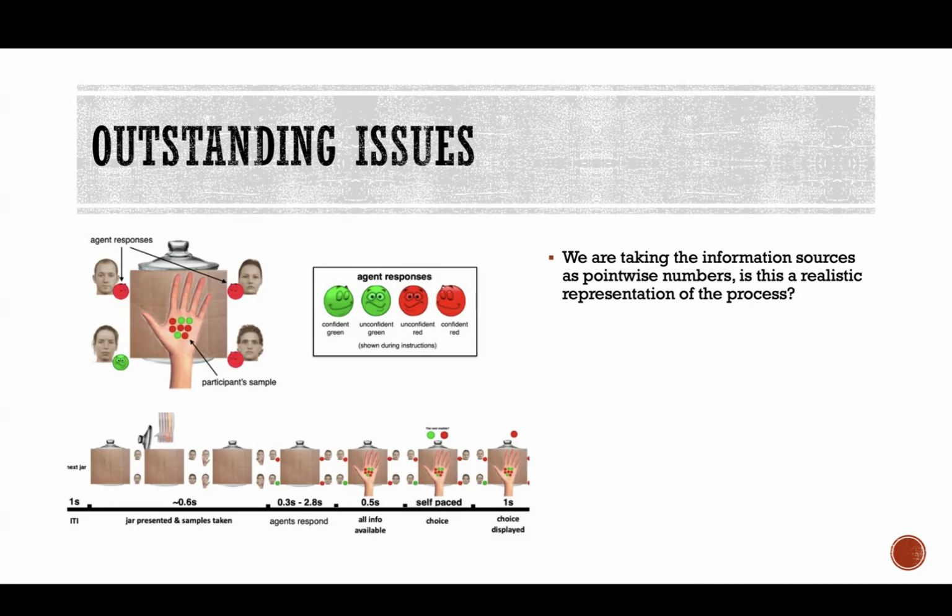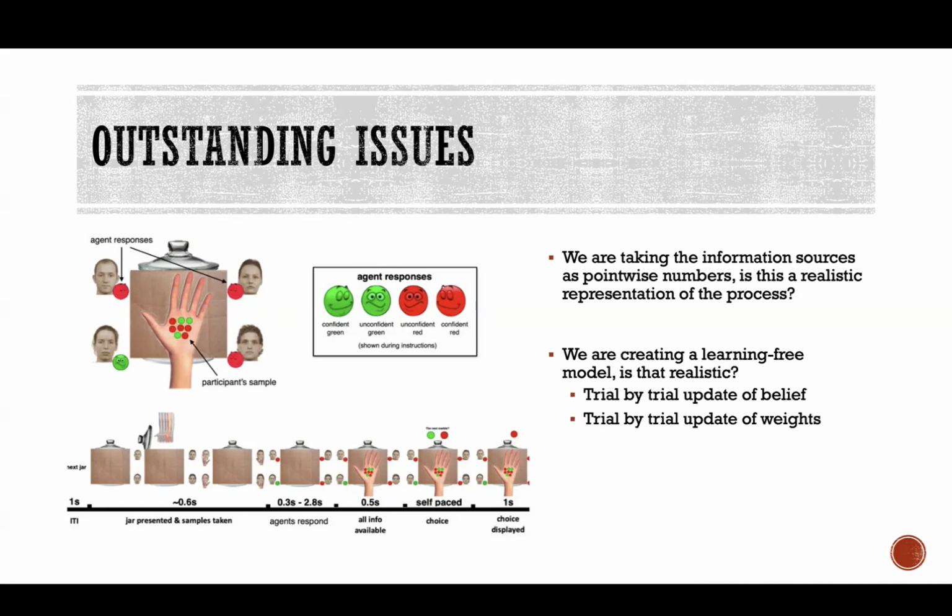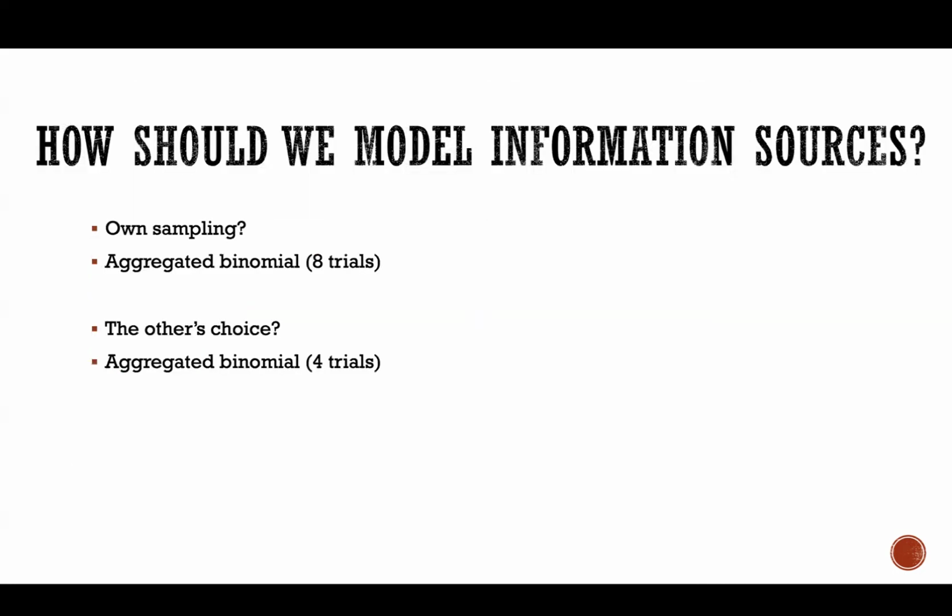I'll actually see that later. So how should we model information sources in order not to take them as point-wise numbers, but actually to take into account the uncertainty that is involved in interpreting those sources, right?